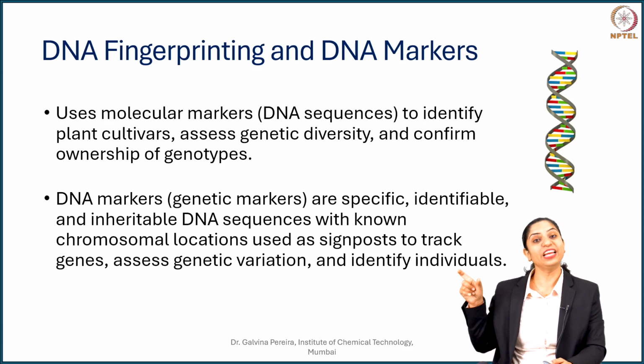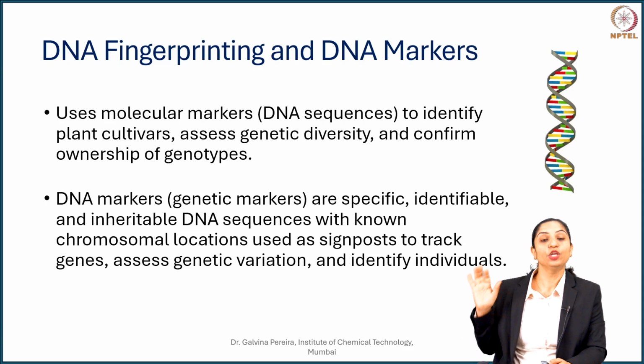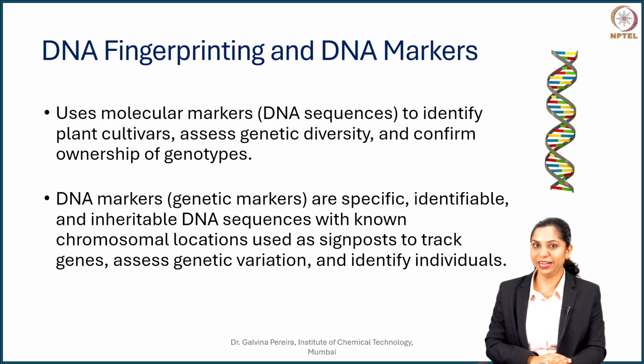So if you have a unique DNA fingerprint for your plant, you can identify your plant and no other country can put their claim on that particular plant species. So that's how DNA markers help.